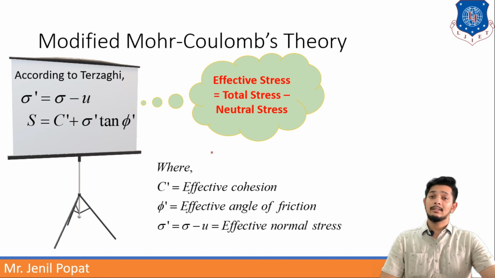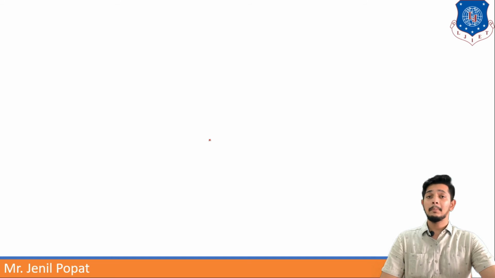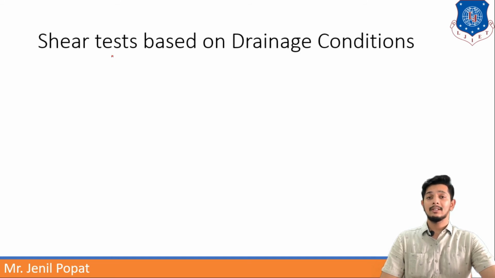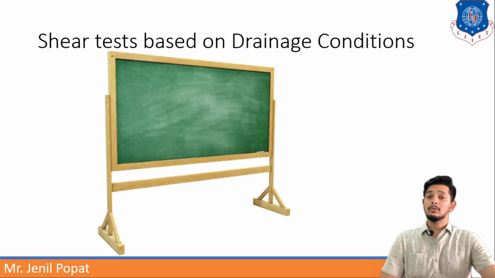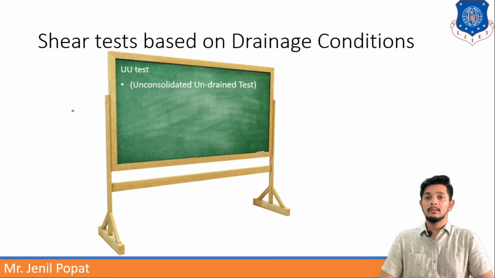Now let us understand some basic experimental situations. Shear tests based on drainage conditions. So shear tests are defined by different drainage conditions, like the UU test, which is the unconsolidated undrained test. In this test, no moisture is permitted in the first stage. First stage means consolidation stage, so it is called unconsolidated.